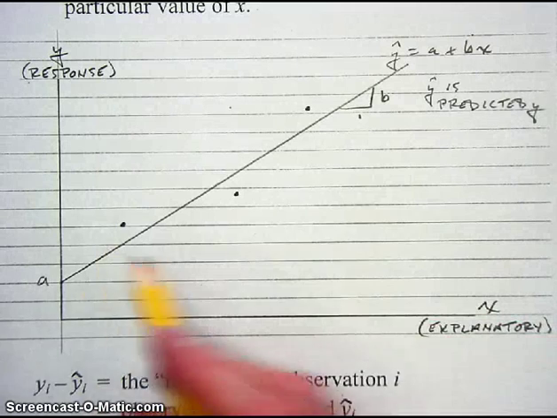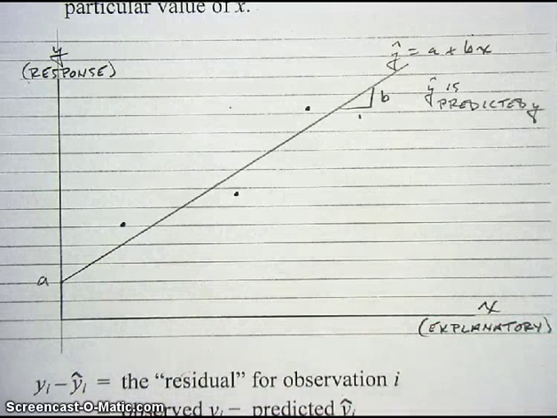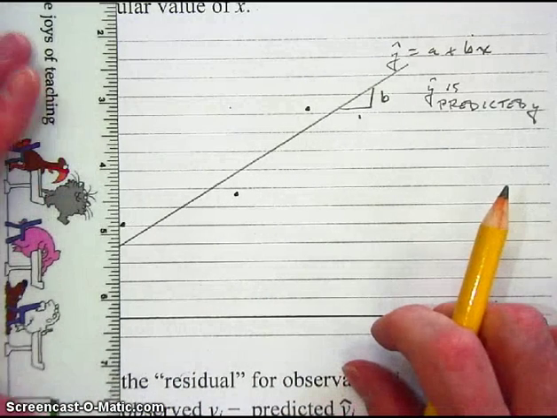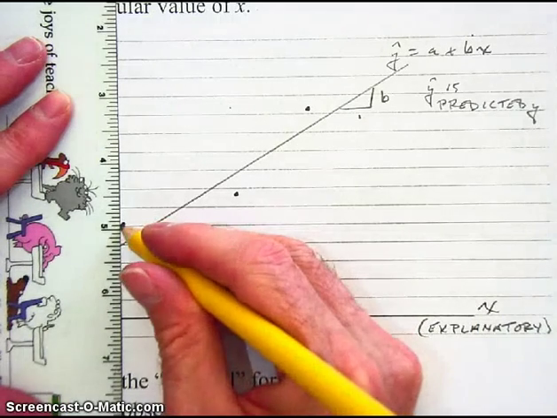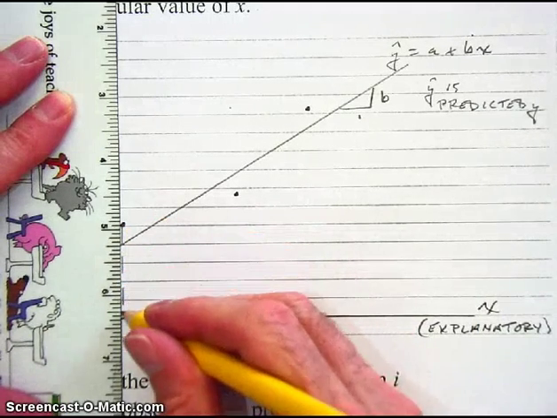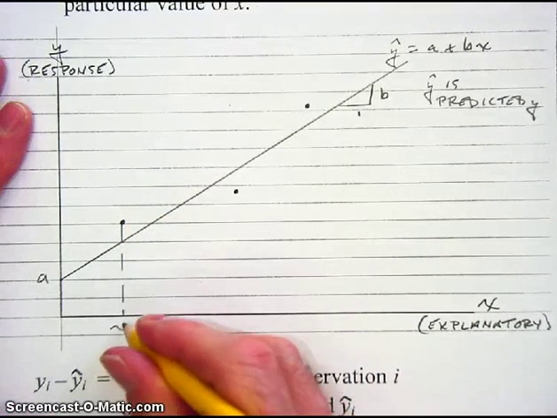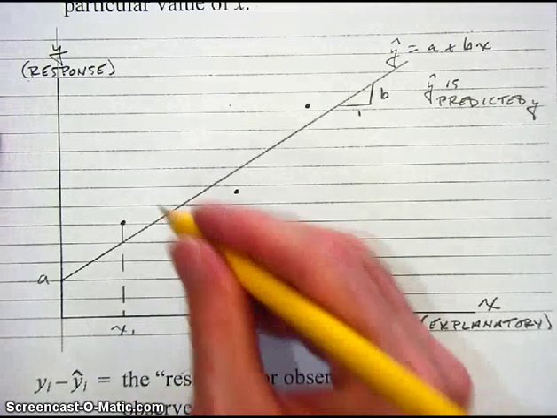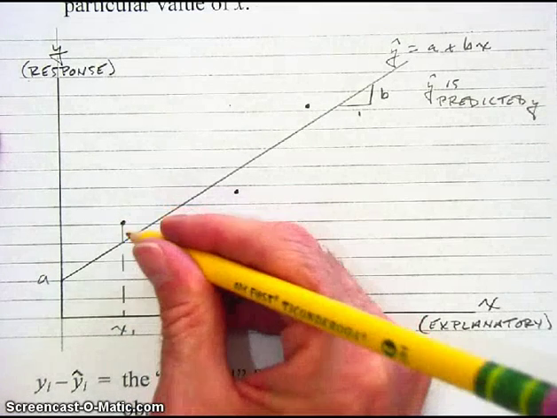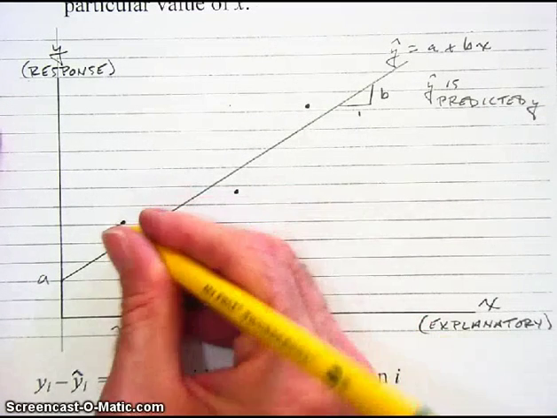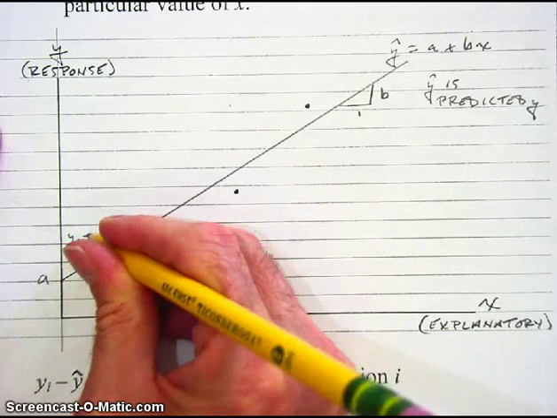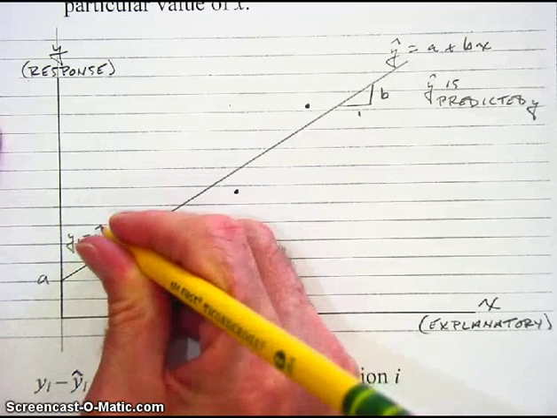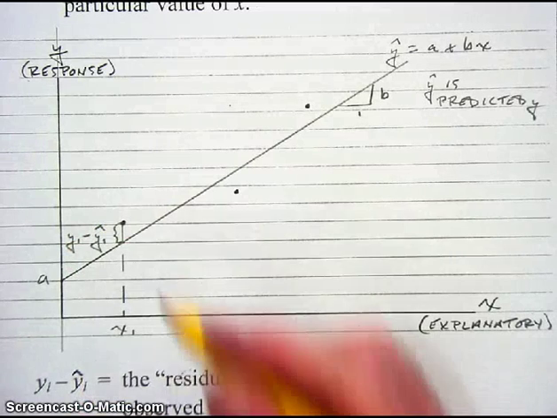Now if we look at these 3 points, for a particular value of x, we'll call this value, say, x1, there's a difference between the observed value of y, which is here, and the predicted value of y on the line. That difference, y1 minus y1 hat, is what we call a residual for that point.